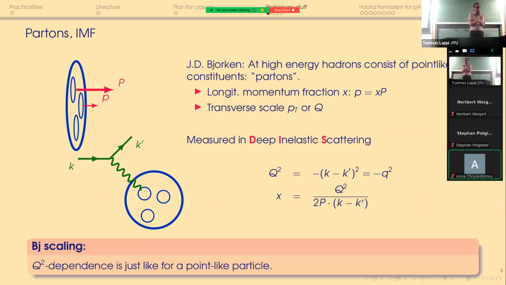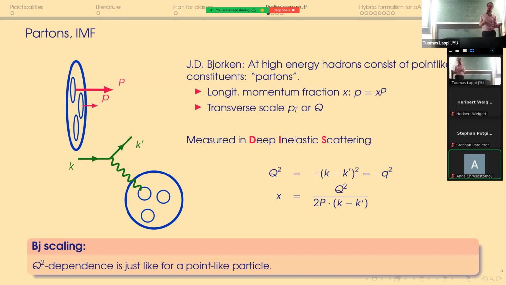Time plays a special role, and it plays a special role in the quantization process. So without going into details, I will implicitly in the back of my head be doing light cone quantization, where the plus component of the space-time coordinate x is a time.